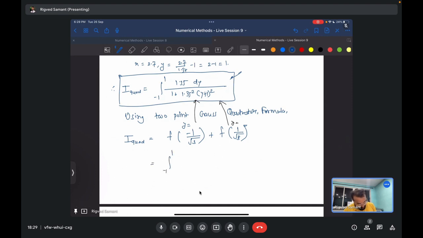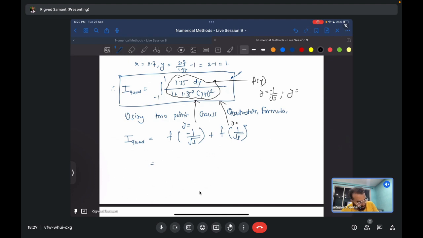So this is your f of y. In that, first we will put y is equal to minus 1 divided by root 3.